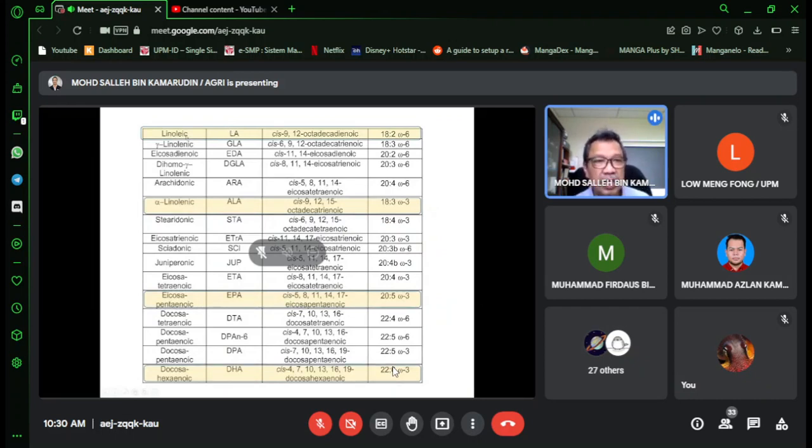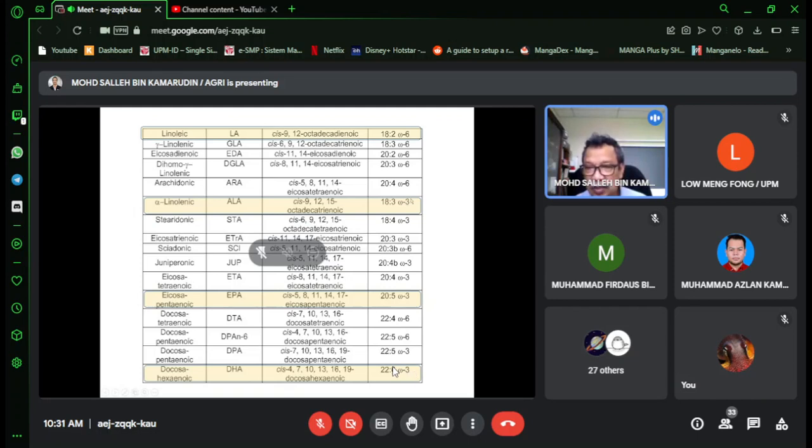Kalau freshwater, linoleic ni omega 6. Kemudian ada alpha linolenic, omega 3, EPA, 20 omega 3, 5 omega 3, and these 4 are normally required in the fish.